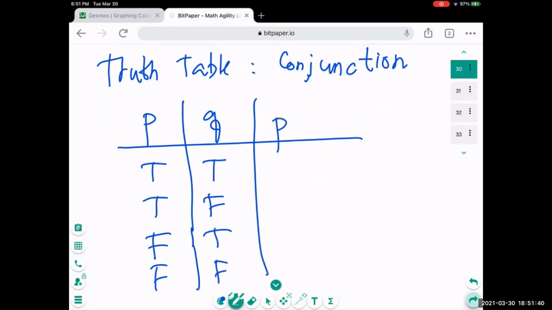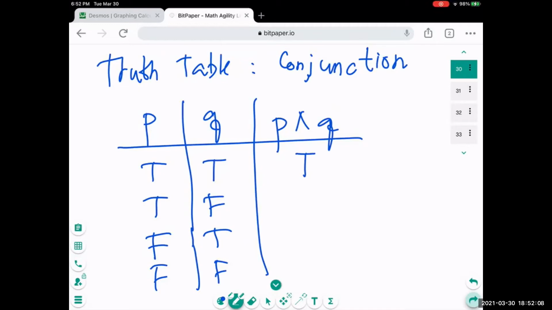Since conjunction is this symbol, P conjunction of Q: when P has a truth value of true and Q also has a truth value of true, when we take the conjunction, it is also true, right?